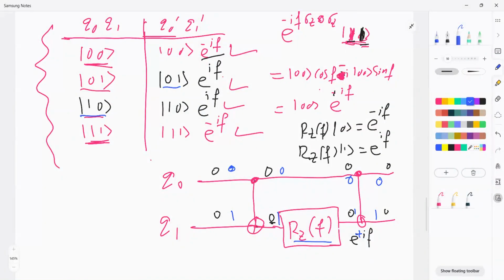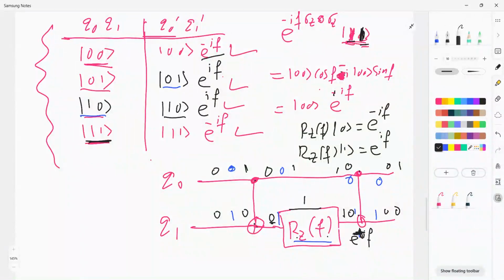If it is 1 0, so this is 1, this is 0, then the control X will be active, and this will become 1. And for 1, this RZ gate will give a minus sign, and then I'll get 1 1 here, but then this control X will make this 1 back to 0. So we get 1 0 with the positive phase.